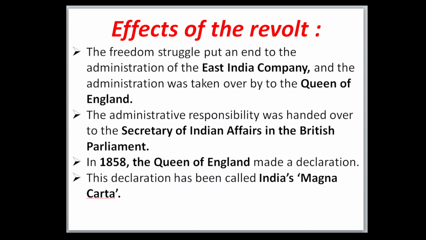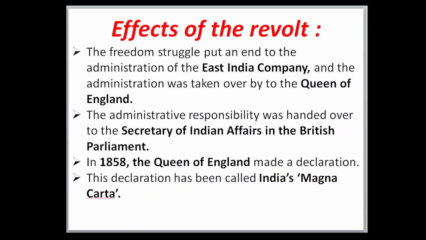It was not directly the Crown; the Governor General took care of the administration. But after 1857, the East India Company's administration ended and was taken over by the Queen of England. Now the Queen directly administers us.